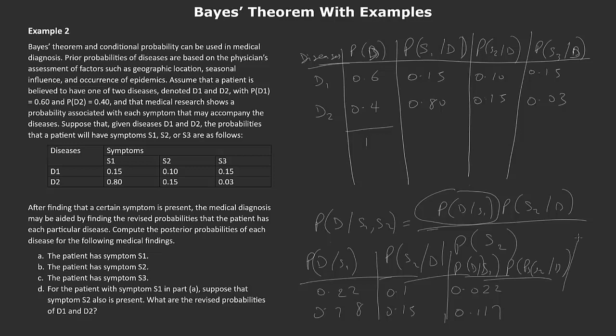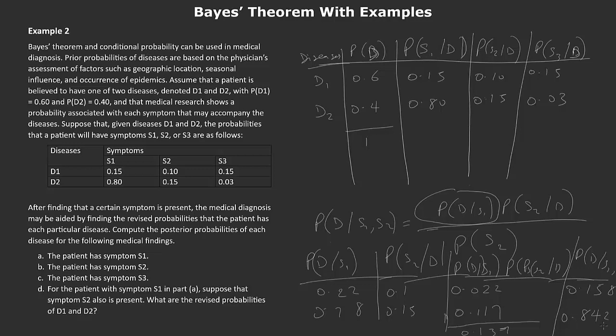0.117. So now that we've gotten this, the probability of D given both evidence 1 and 2 will be as follows. You need to get this sum. The sum here will be 0.139. So if you take the ratio of 0.022 divided by 0.139, you will get 0.158, and this will be 0.842.